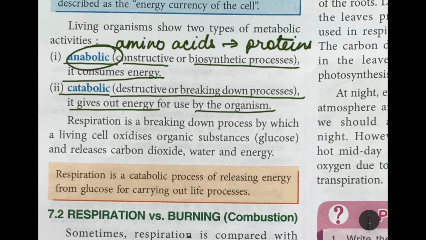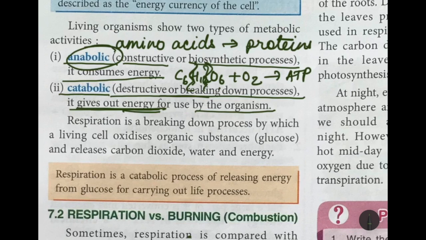And catabolic, when glucose is broken down with the help of oxygen, and of course together with carbon dioxide, energy is also produced. So it gives out energy. It is destructive, breaking down glucose. So it is catabolic. So there are two types of metabolism that takes place inside a living organism: anabolism and catabolism.